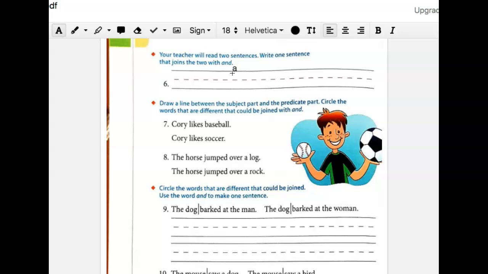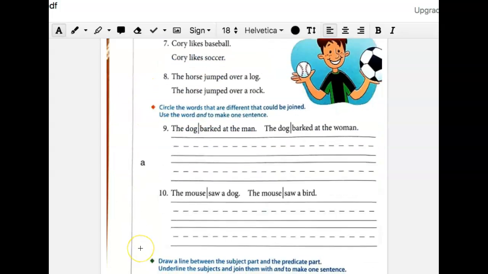Dan is kind. Dan is quiet. Again, the two sentences are Dan is kind and Dan is quiet. How can we combine these two sentences? I want you to try that on your own.